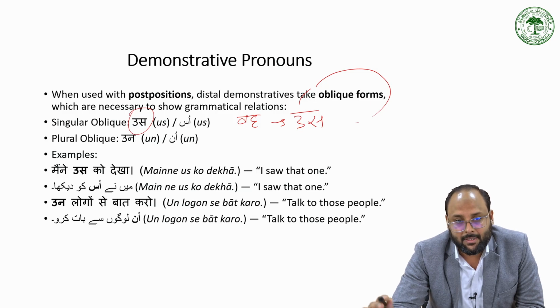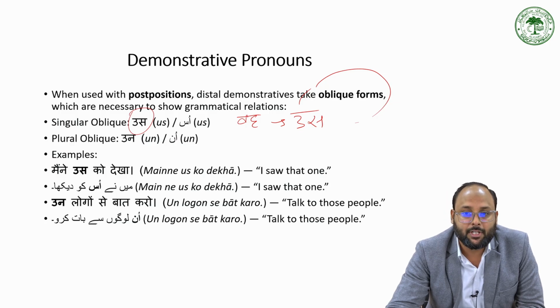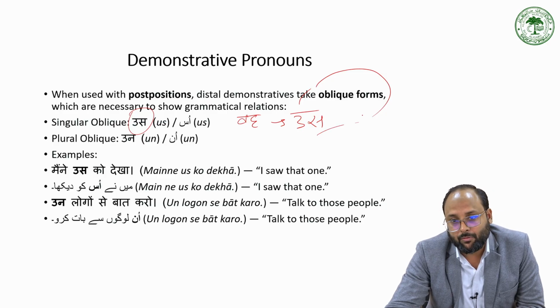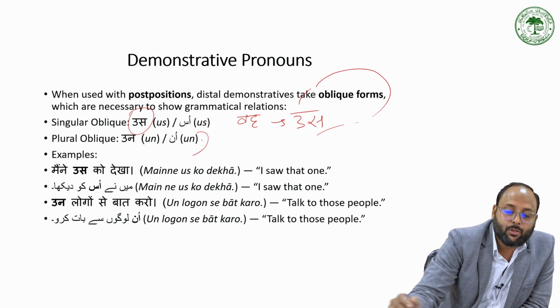So वो is the singular form of the distal demonstrative, and उस is the oblique form when we use any postposition after वो, like उसको, उसने, उससे, उस पर. And in the plural form we are using उन.